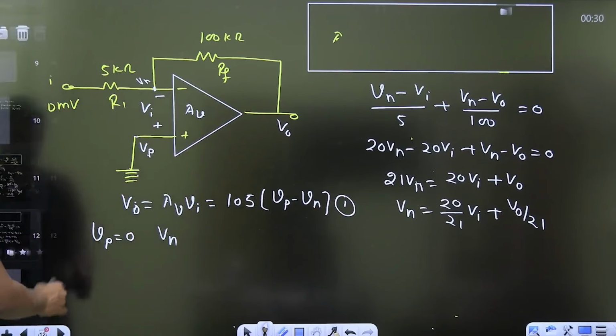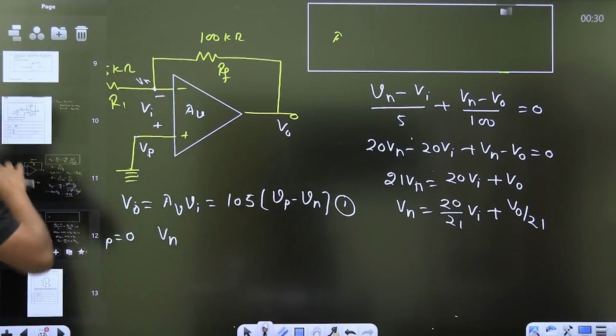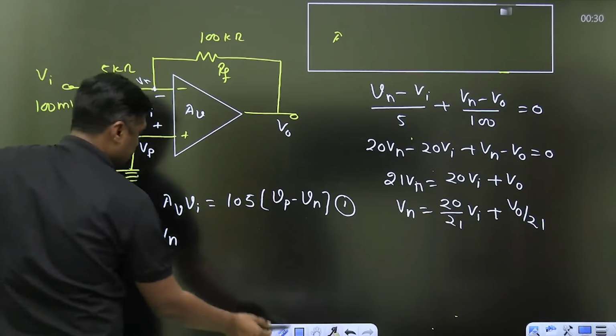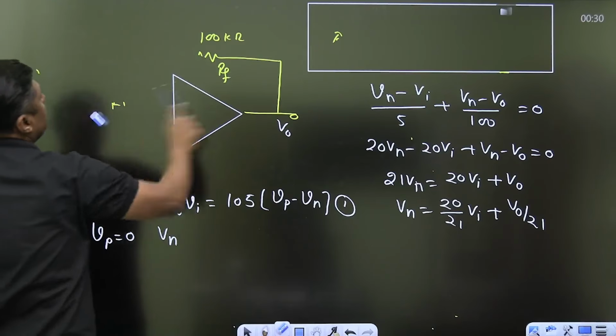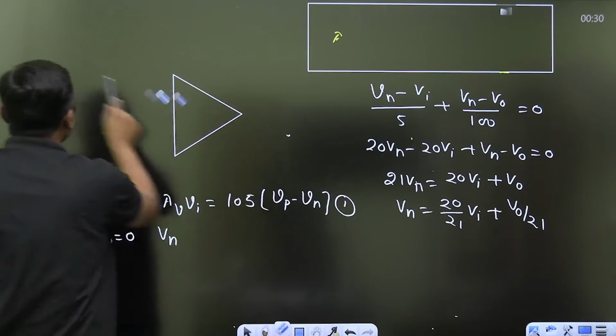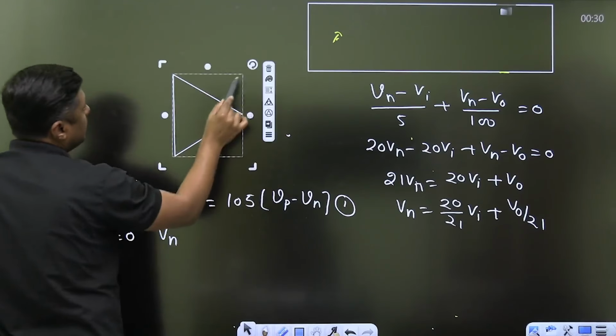Now finally, VP and VN. देखो ये भी है एक method. If you have no idea about the formula, directly you can apply.